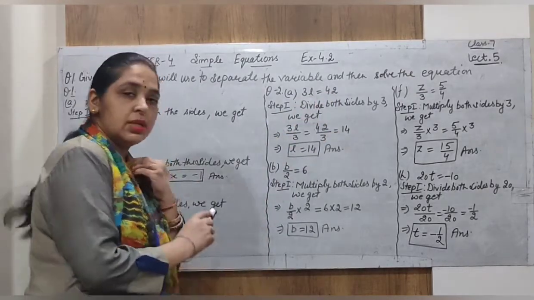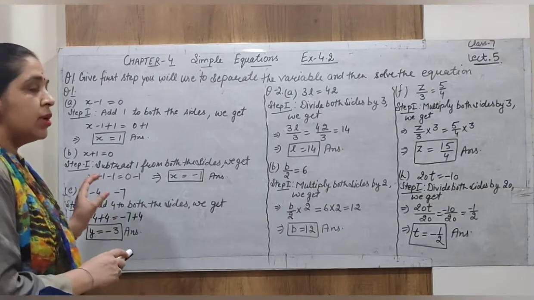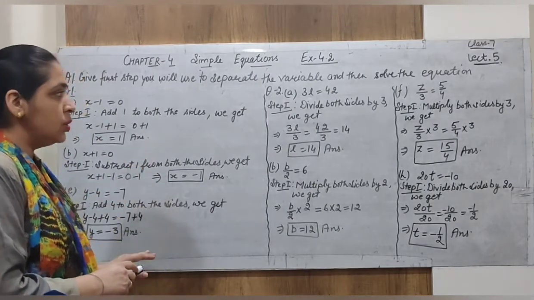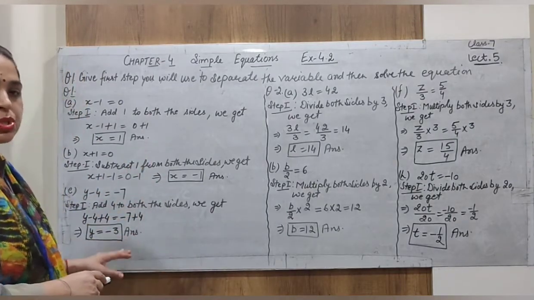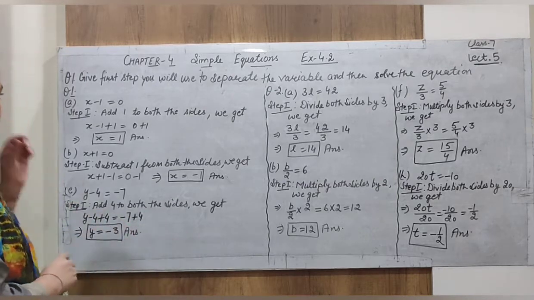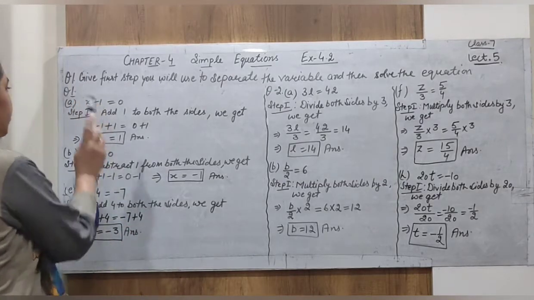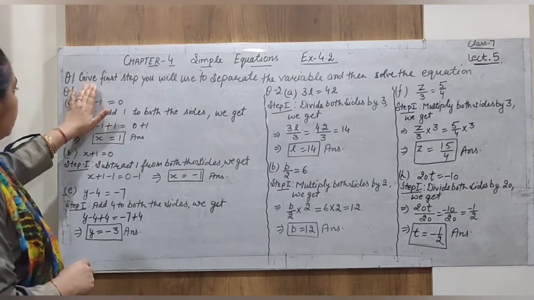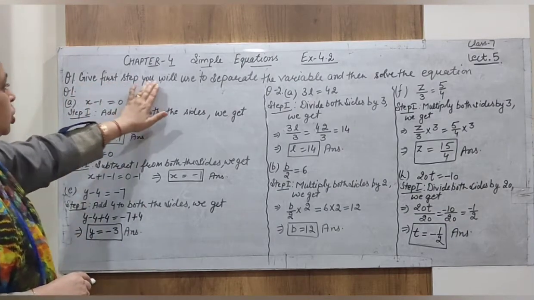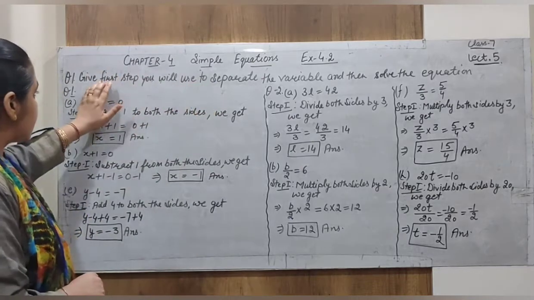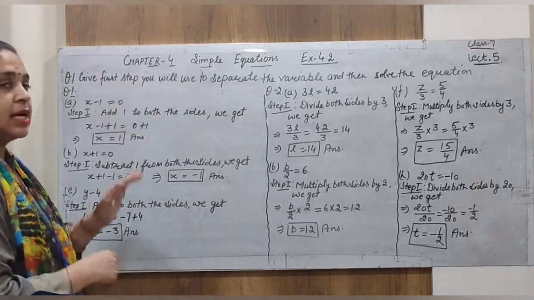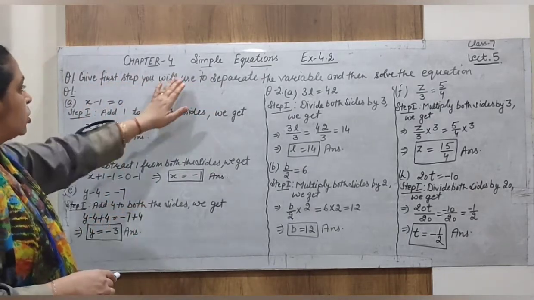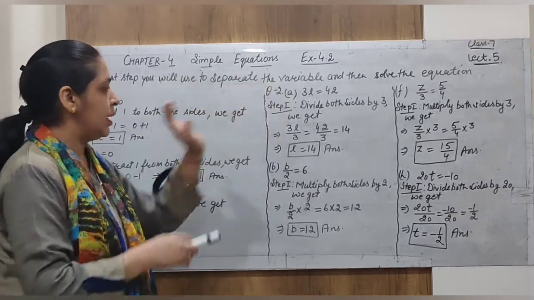Alright, let us start with the first example, then you will understand step by step which steps are used and how we solve the equation. In both the first and second questions, the first step you will use is to separate the variable.